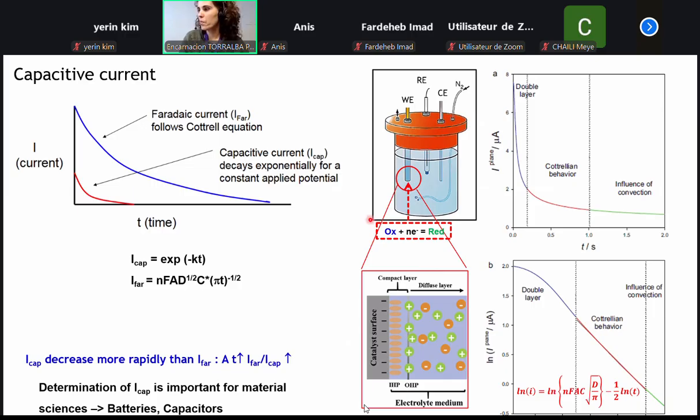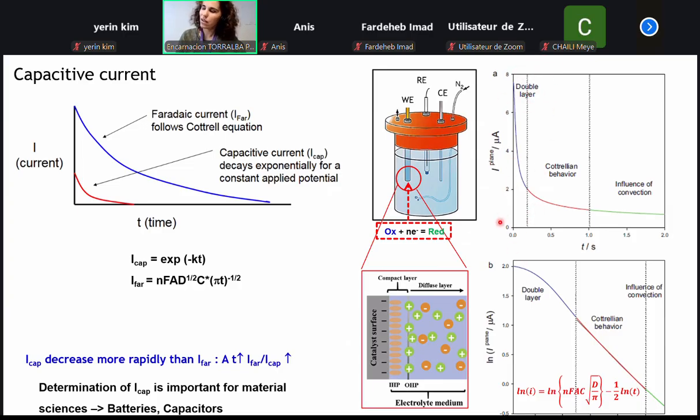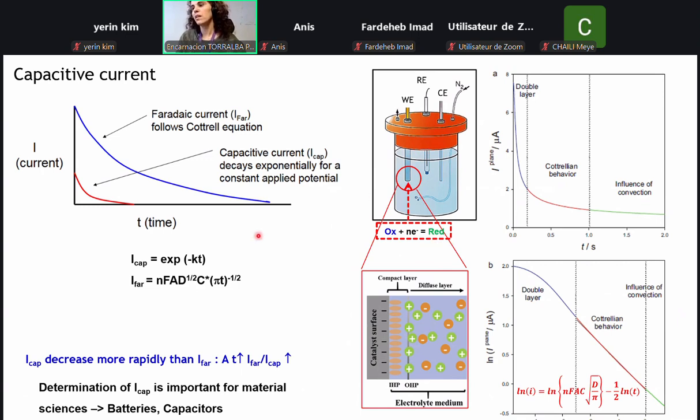It does not participate in the oxidation or reduction. So the very first current that I measure is not the current related to my oxidation or reduction. If I want to obtain the diffusion coefficient, for example, I don't take the first part. I take the middle part, because it's the part in which we are sure that we are having only diffusion, and we can use this equation.